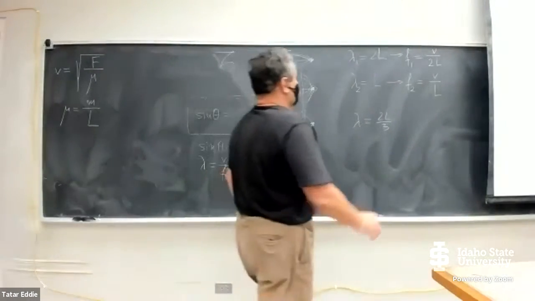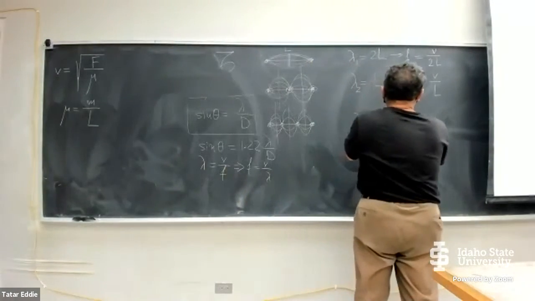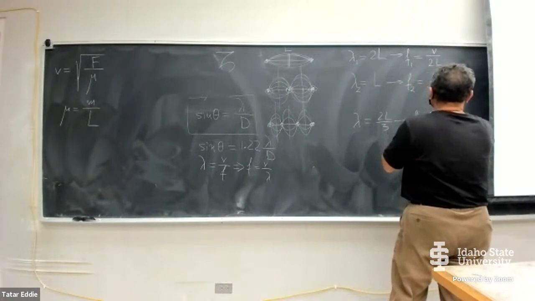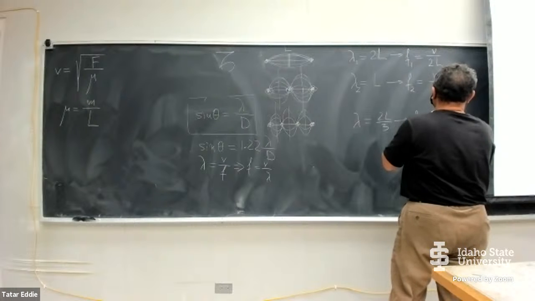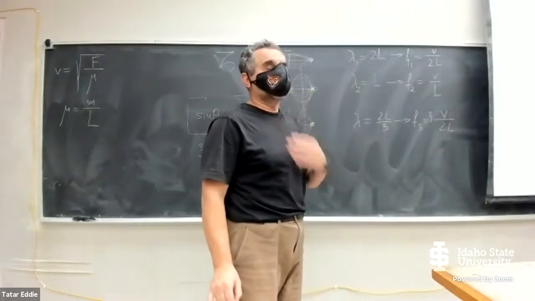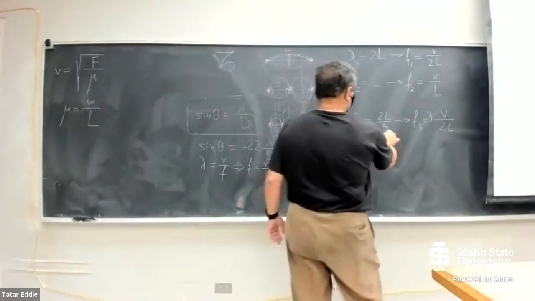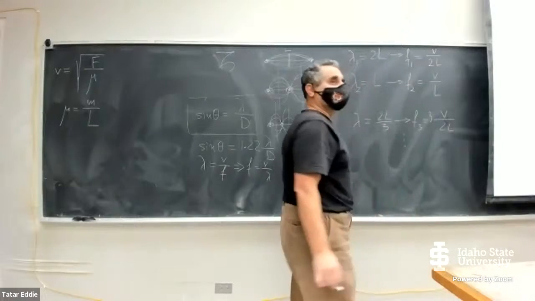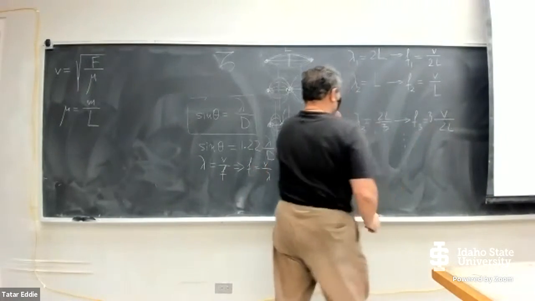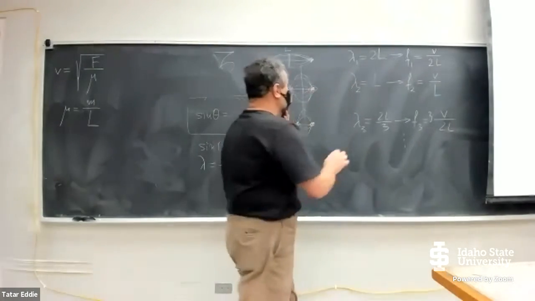The frequency corresponding to this third harmonic is going to be V divided by 2L and multiplied by 3, and so on. You can continue with higher and higher harmonics on oscillating strings. So this is lambda 3, F3. The general expression looks like this.